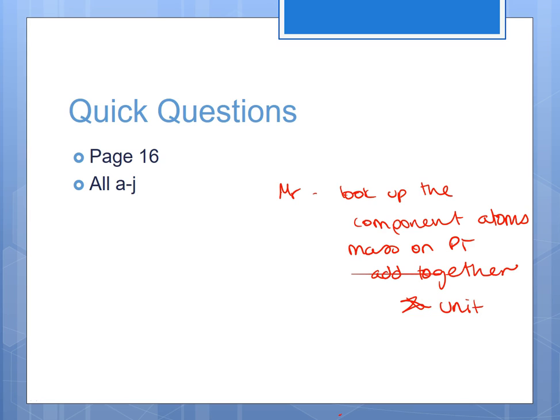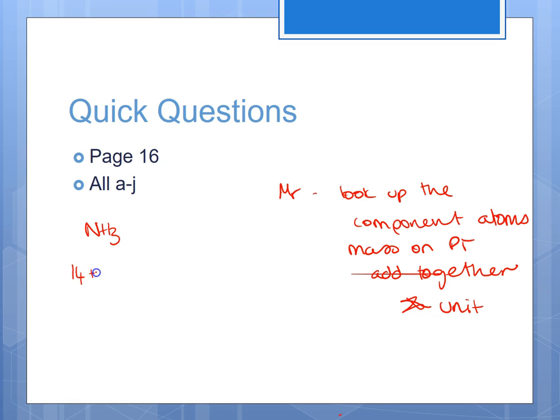Let's have a look at a couple of quick examples before you have a go at these on your own. If we wanted to work out the molar mass of, say, ammonia, which is NH3, we would go to the periodic table and look up nitrogen, and we would find that nitrogen has a relative molar mass of 14.